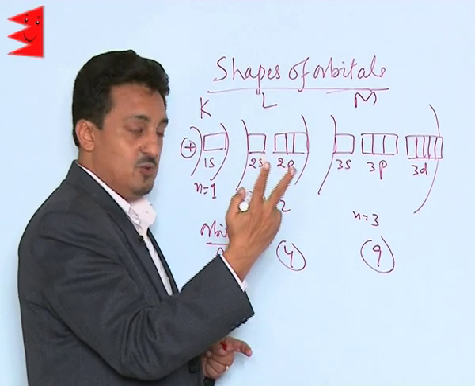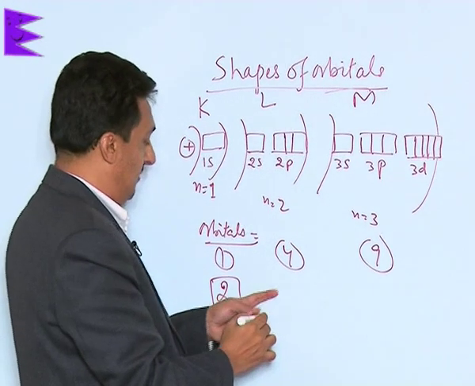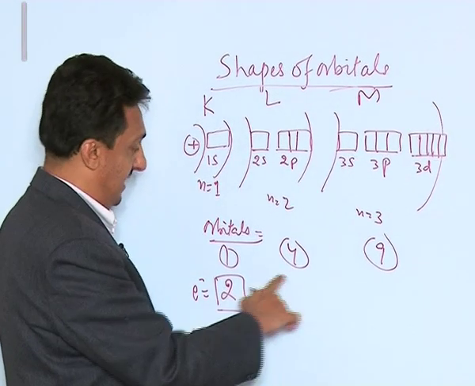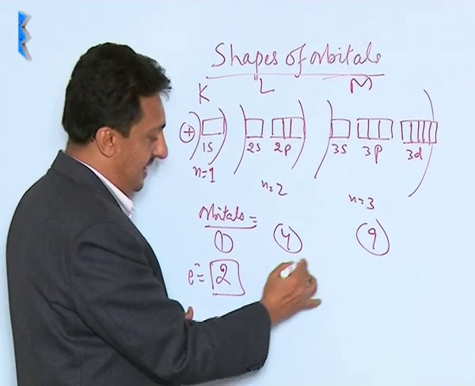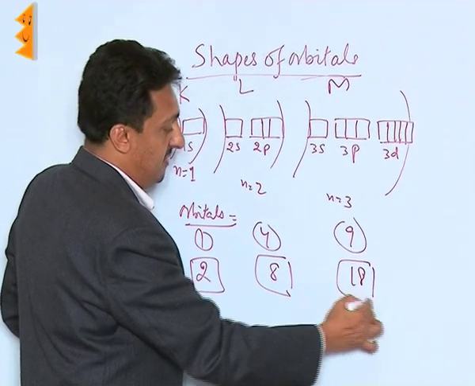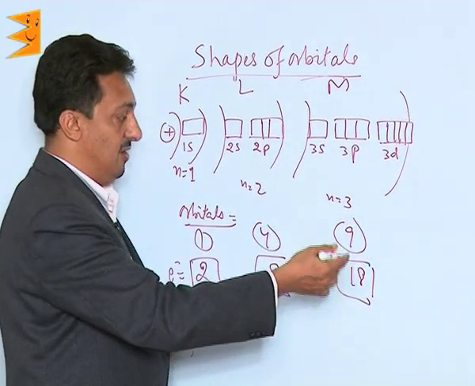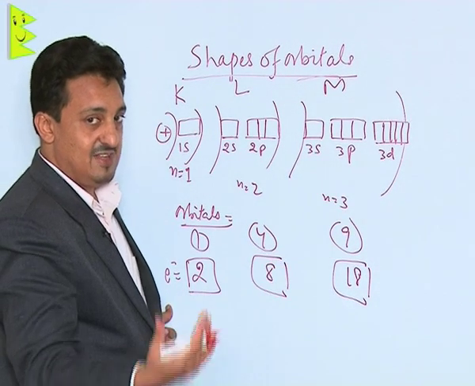Each can accommodate 2 electrons, so how many electrons? First orbit, 2. Second orbit, 4 orbitals with 2 each make it 8 electrons, and 9 orbitals with 2 each make it 18 electrons. Similarly, in the fourth orbit, 4 squared is 16, and 16 orbitals can accommodate 32 electrons.